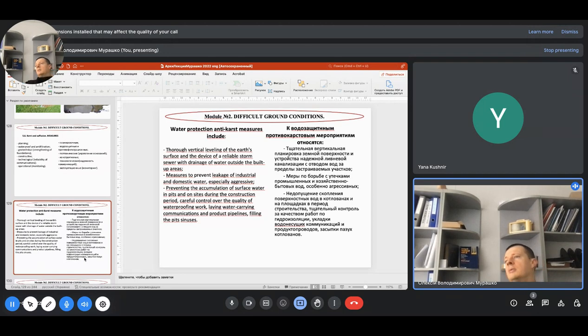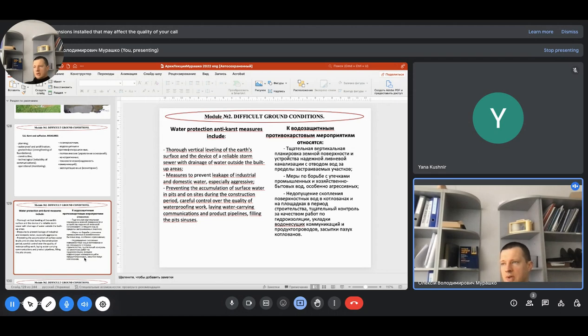So next, water protection anti-karst measures, which we will discuss, include vertical leveling or vertical planning, so to protect our surface from collection of water. Also, measures to prevent leakage of industrial and domestic water, especially aggressive water, because when we talk about karst hazardous territories, those hazards can be connected not with regular water, but with water with some aggressive dissolved elements in it.